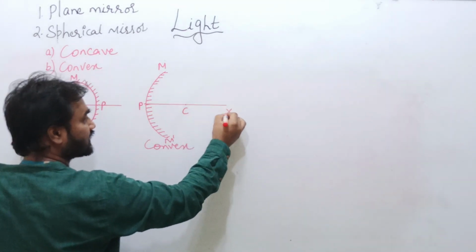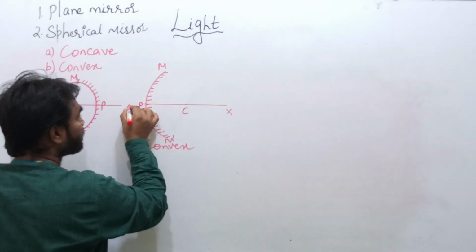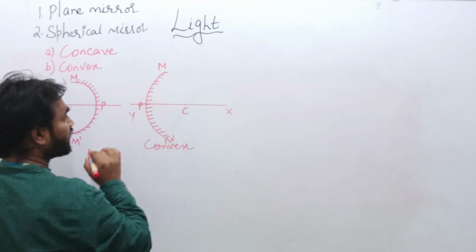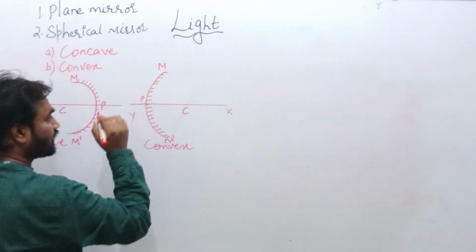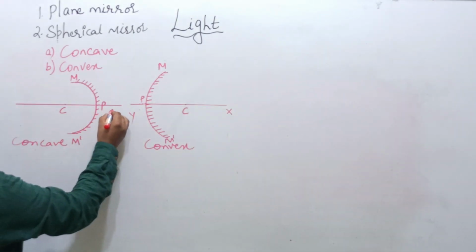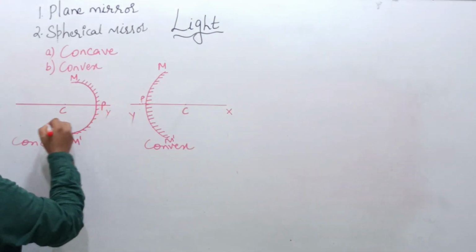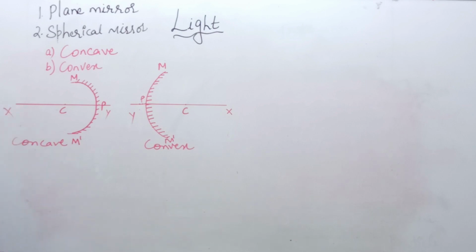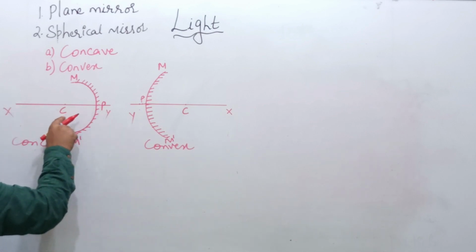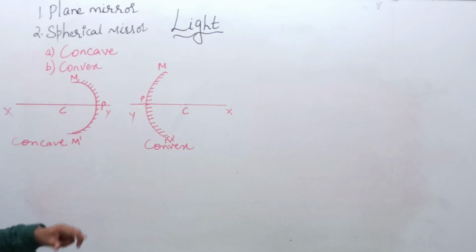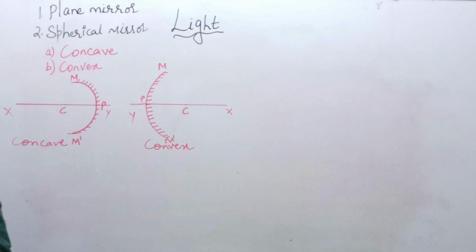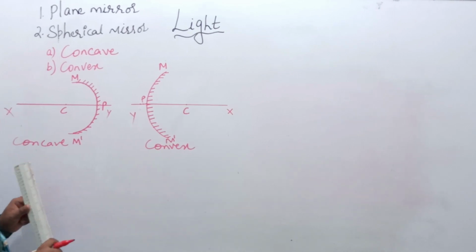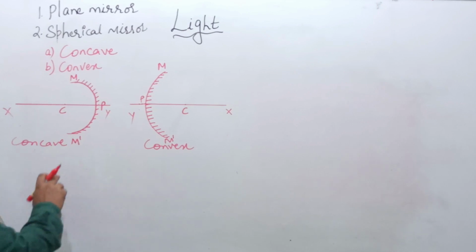Let me name it XY. The distance between C and P, the center of curvature and the pole, is called the focal length. Is that clear? Hope it is understood now.